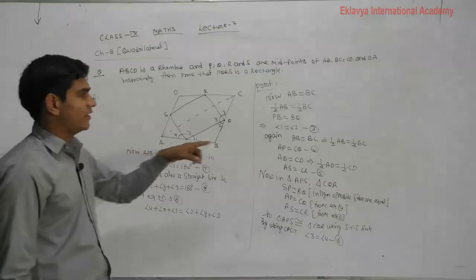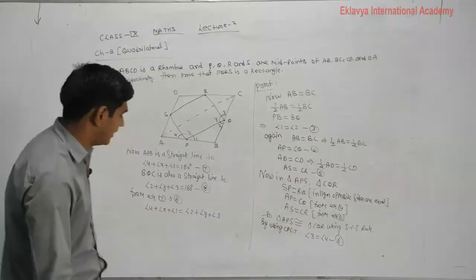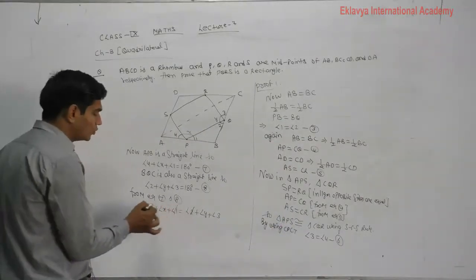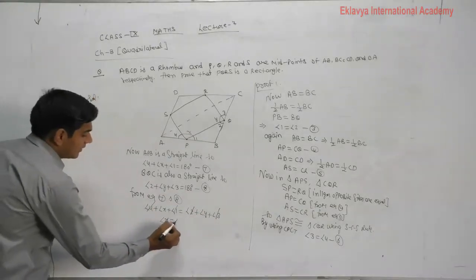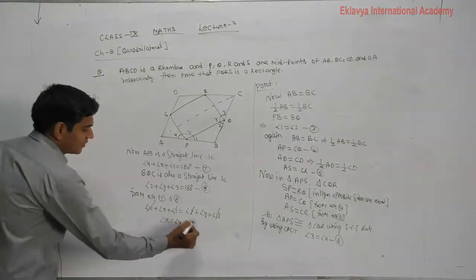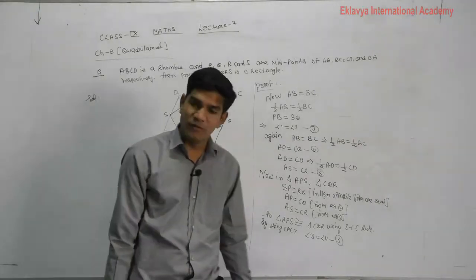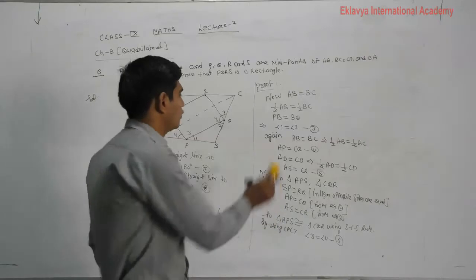Now from equation number 3 and 6, angle 1 equals 2, 3 is equal to 4, so cancel out. So the result will come angle x is equal to angle y. Equation number 9. So आपने proof कर दिया that angle x is equal to y.